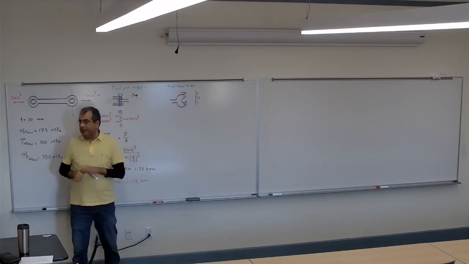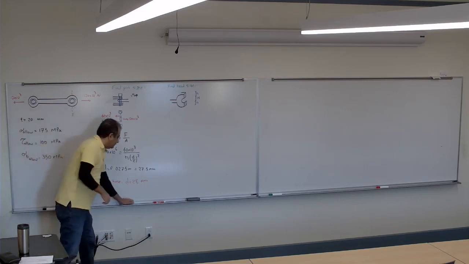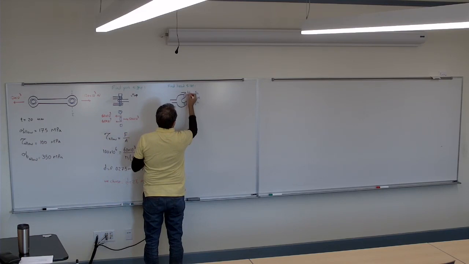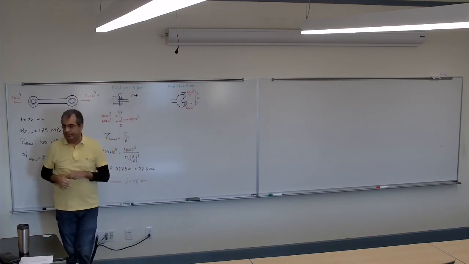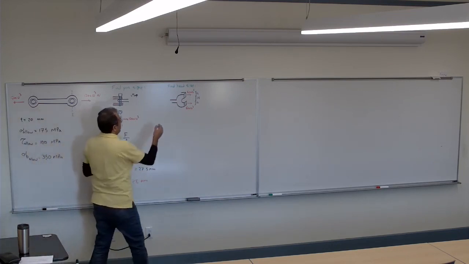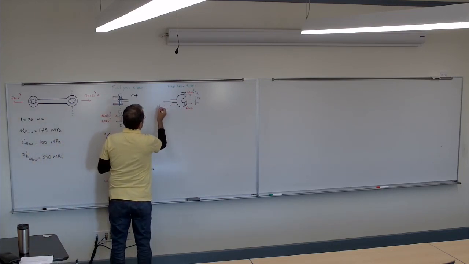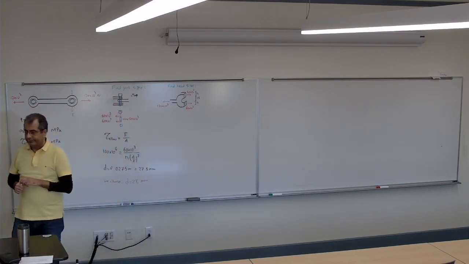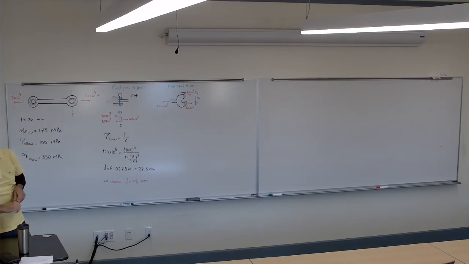And how much is going to be at each of them? 60 and 60. How much is here? 120. You agree? So now how do I find the size of A?